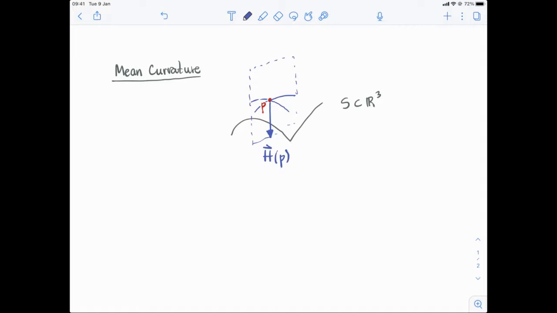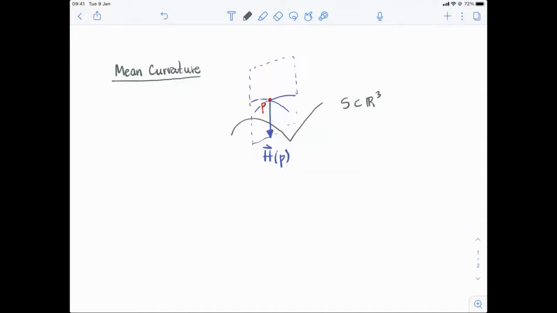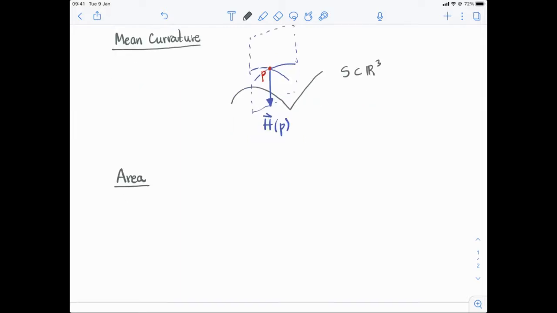The mean curvature vector is related to the area and to variational problems of the area because of the following formula. We denote the area of a surface S as just Area(S).